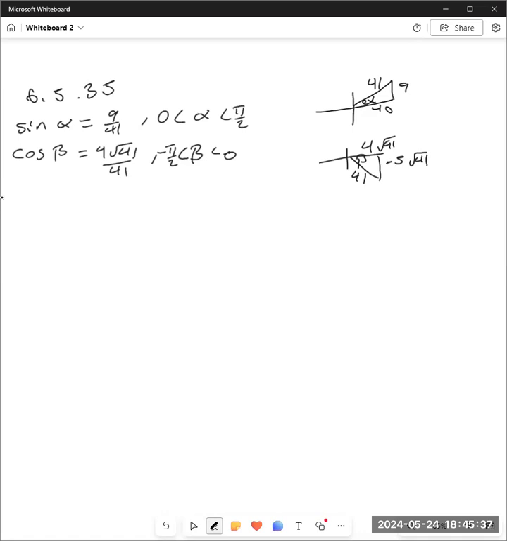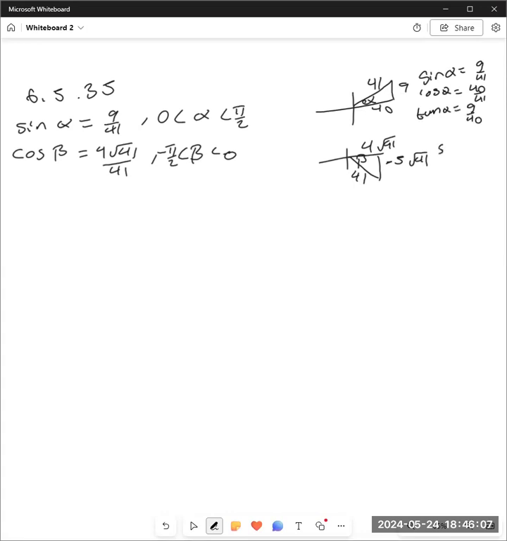So let's go ahead and get started here with finding the remaining trig functions for each piece. We know sine alpha is 9/41. Cosine alpha is 40/41. And then tan alpha is going to be 9/40.